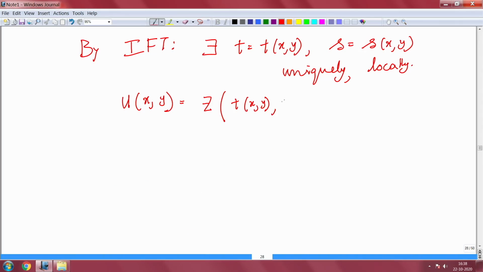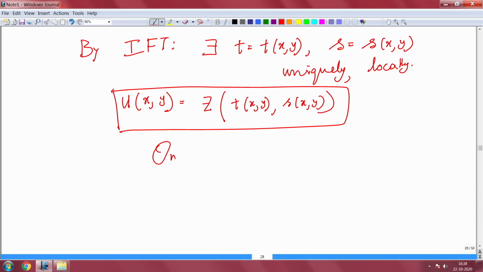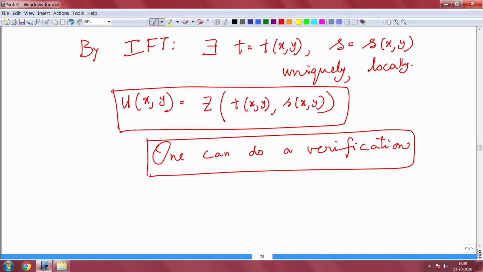So, you substitute s of x, y. You can actually do a verification that this is indeed a solution. I will not do that one, you can do that. You can compute your u_x, all that you can process, and you can show that it is indeed a solution.